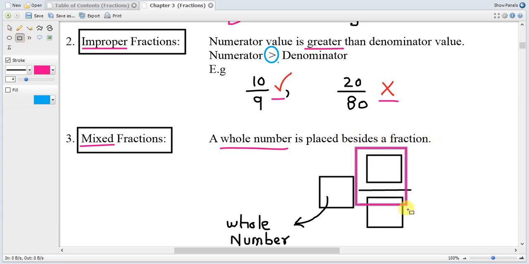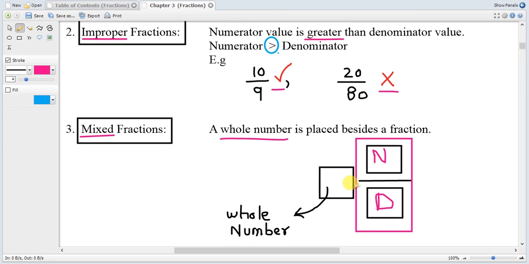This part gives us a normal fraction, the numerator and the denominator, right? So this is making a fraction, but besides that we have an additional number. We write it on the left side of this fraction and we name it as a whole number. So whenever you see such a thing in which there is an additional number, just close your eyes and name it as a mixed fraction.